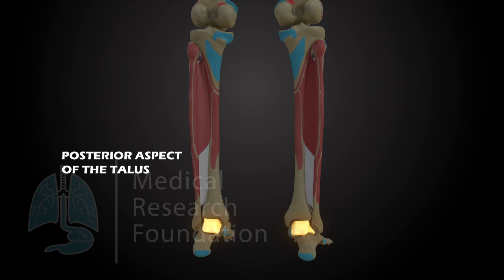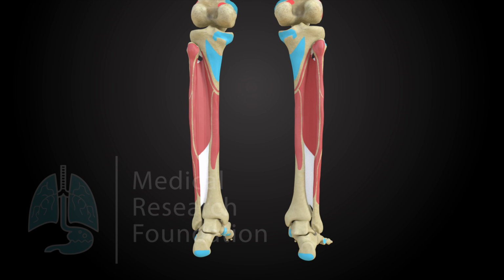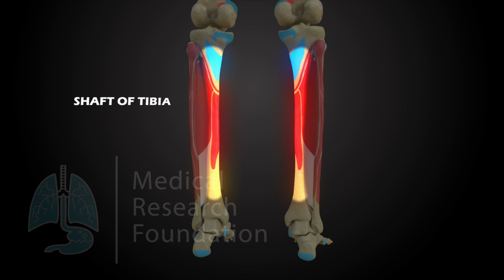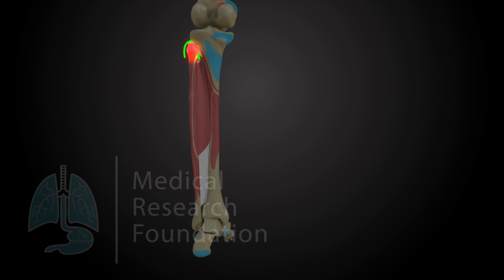Posterior aspect of the talus and posterior 1/3 of the calcaneus are also seen. The tibial condyle overhangs the shaft of tibia posteriorly, and at the side, the rounded head of the fibula is quite inferior to the knee joint.